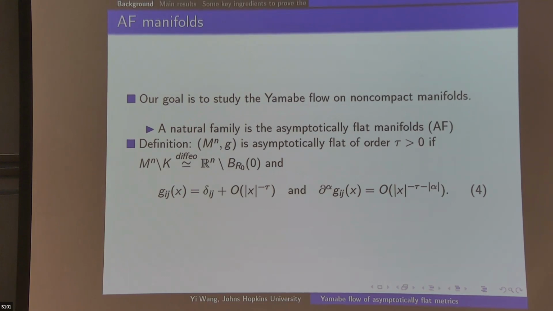Usually it's alpha bigger than or equal to 2 or bigger than or equal to 3, things like that. The alpha that you need depends on the problem that you want to solve. In my work here, we assume alpha bigger than or equal to 3, and then we can do all the analysis that is needed.